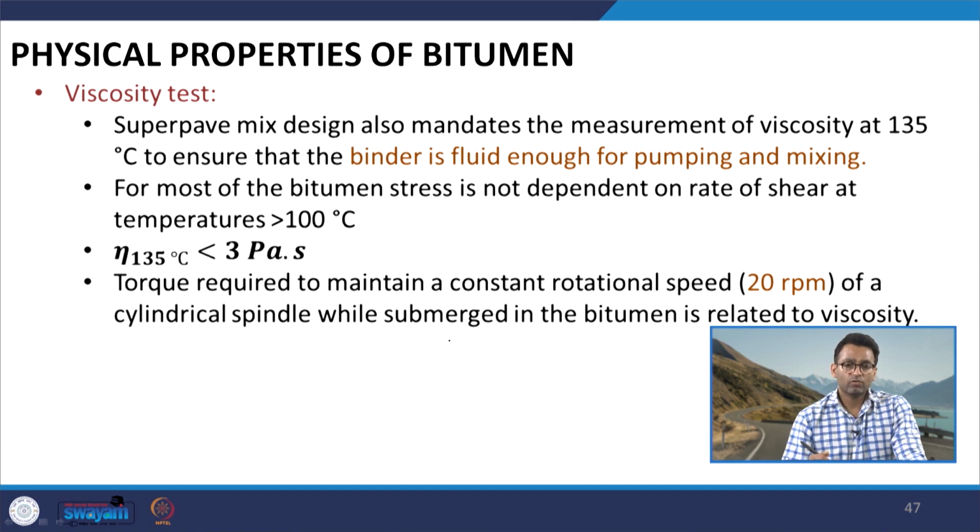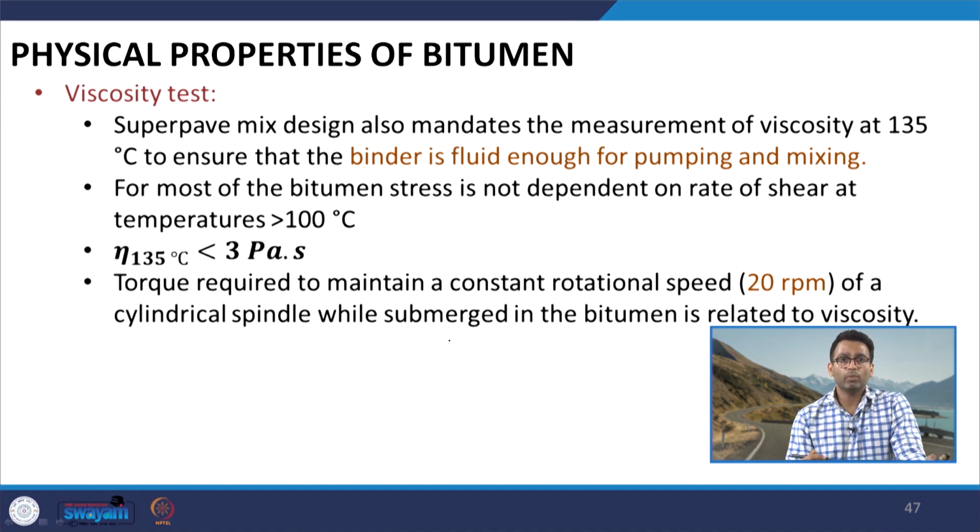Because of the stiffness of the mix, there are chances that the flow inside the tube will not be proper. The tube may also get choked sometimes, giving erroneous results. In such a case, if we are interested in assessing the viscosity of the bitumen at temperatures greater than 100 degrees Celsius, we can use a rotational viscometer.